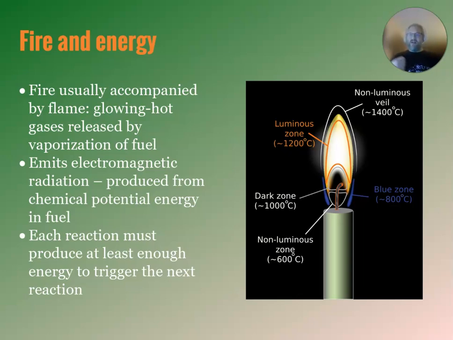They need a little bit of energy to prime the pump and get them rolling. And then they will continue to go as long as they're producing enough energy in the process to trigger the next bit of fuel to burn. So fires become self-sustaining if they're producing enough energy to keep triggering the next bit of burning to happen.